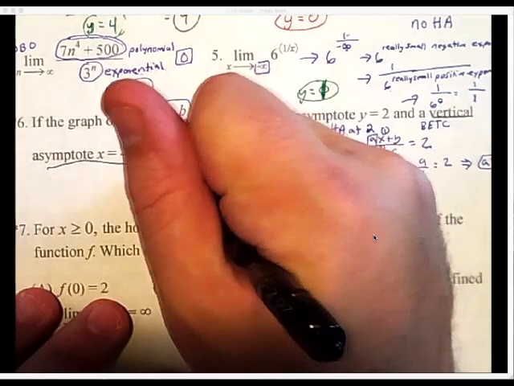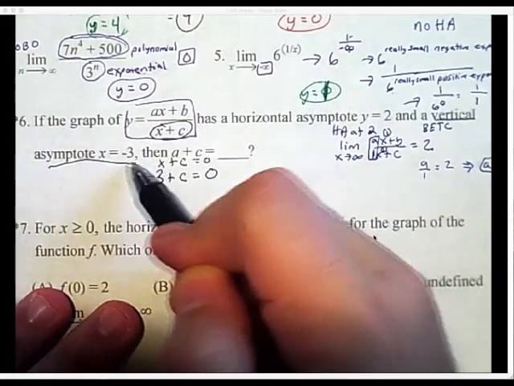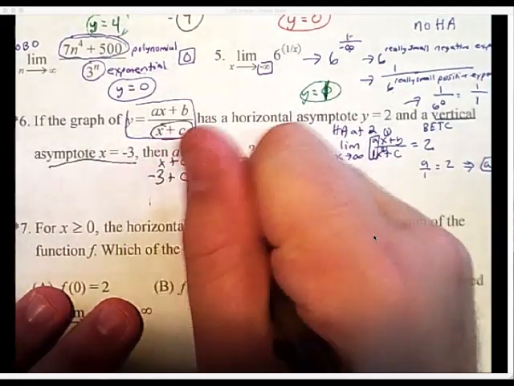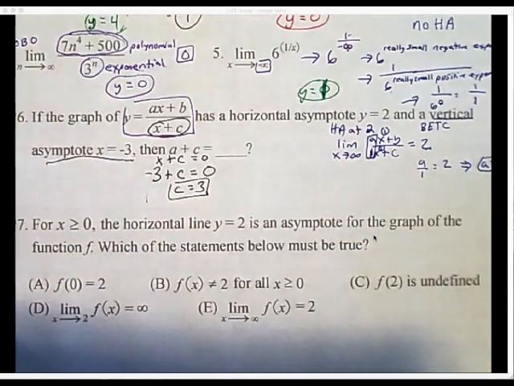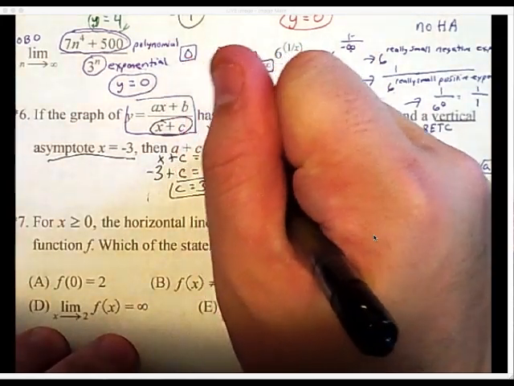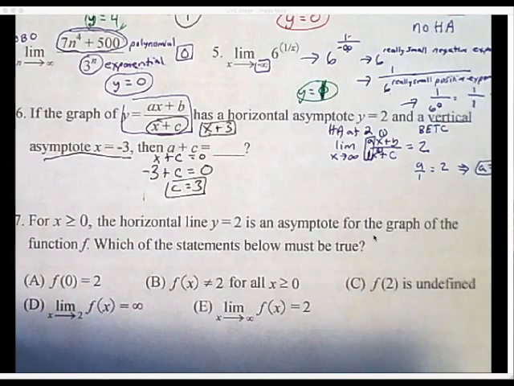Because this said x plus c. We have to set x plus c equal to 0, but they told me what x equals as the vertical asymptote. The only way to get that to work is to add 3 to both sides. So here, c would have to equal 3. If you think about it, if x plus 3 was the denominator, then -3 would be the vertical asymptote.